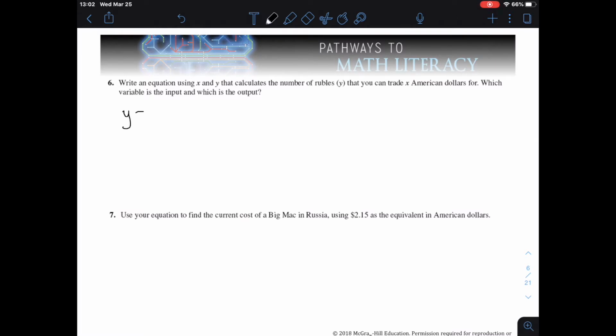So y is going to equal 58.4x, where x is the number of American dollars. And the initial starting amount is 0, so you don't really need that plus 0. It's just 58.4x. So the input is going to be American dollars, or US dollars.